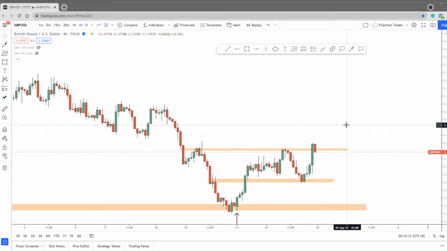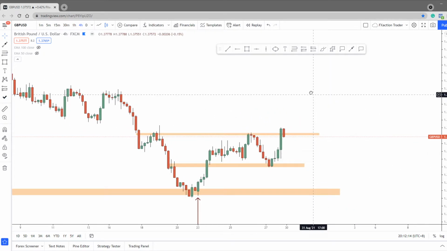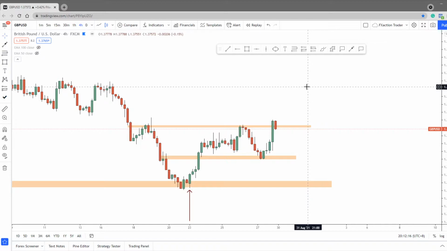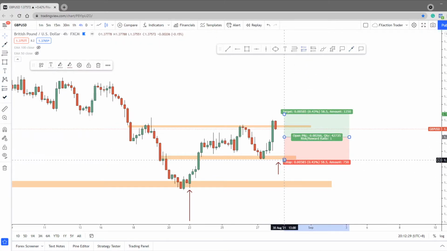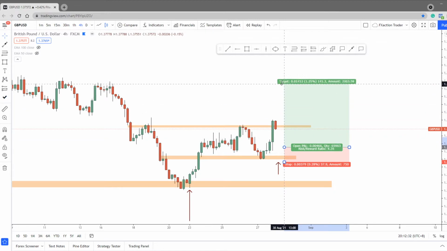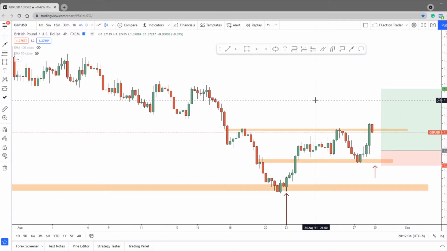So this week, we can scale into our trade when there is any buy signal between these two levels. In other words, as long as this level 1.367 is not broken, we are good to go for a buy trade for this week.